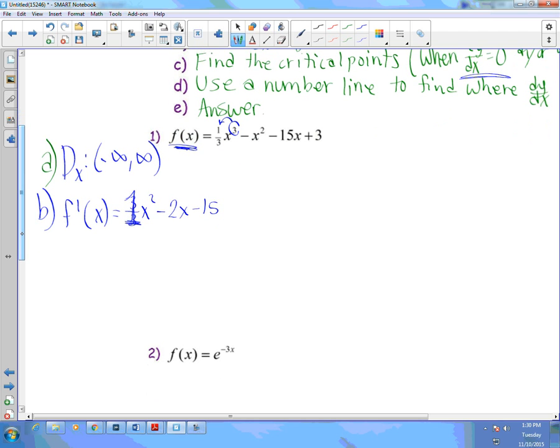Exactly. Okay, so for part C, we need to look at 2 things. When f prime of x equals 0, and when f prime of x is undefined. We said never for undefined, because quadratics are never undefined.